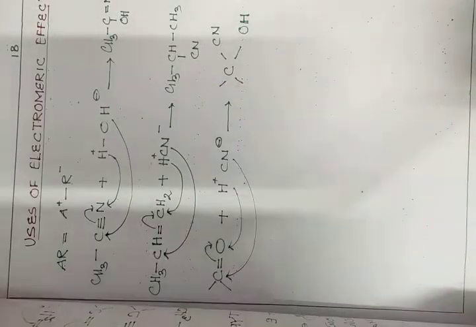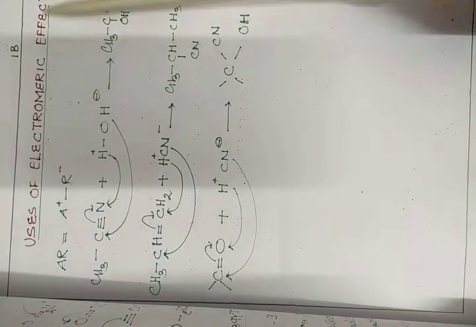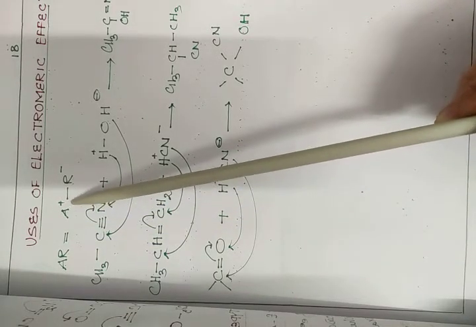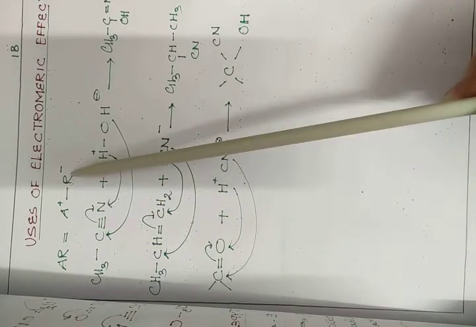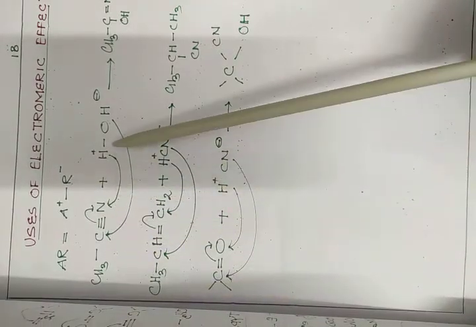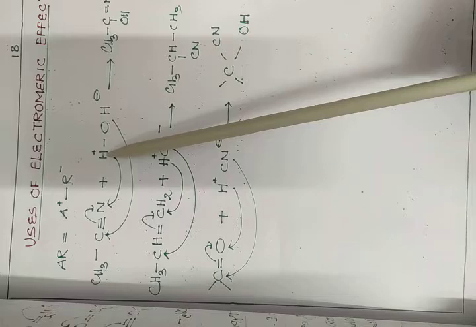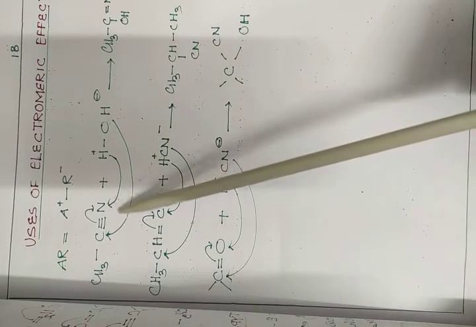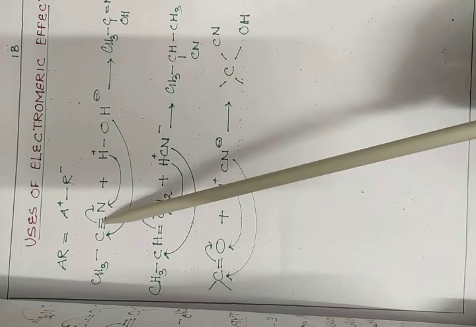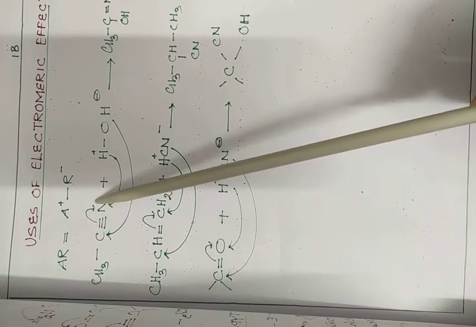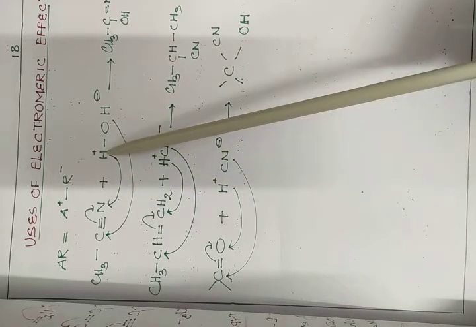Now some uses of the electromeric effect. The attacking reagent has an A positive, a positive charge, and an R negative charge. Here, methyl cyanide and water: the positive charge attaches to the nitrogen. When the triple bond breaks and the electrons are given to nitrogen, the nitrogen has more electrons and the more electron-rich end attaches there.